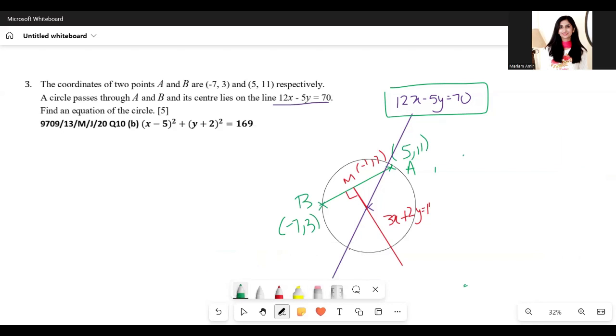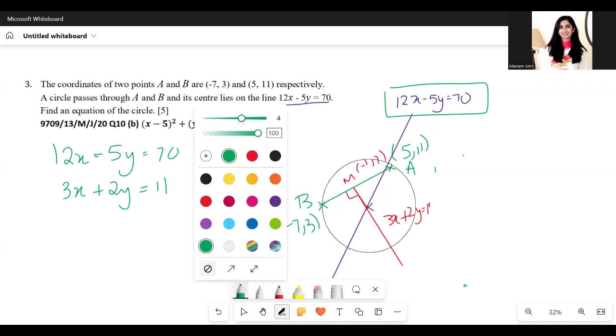So one of the lines is 12x minus 5y equals 70. The other line is 3x plus 2y equals 11. I'm going to use the elimination method, so I'll have to multiply the second equation with negative 4.